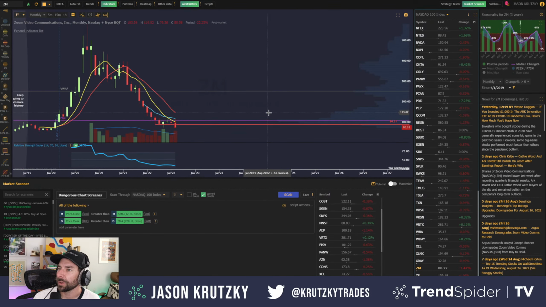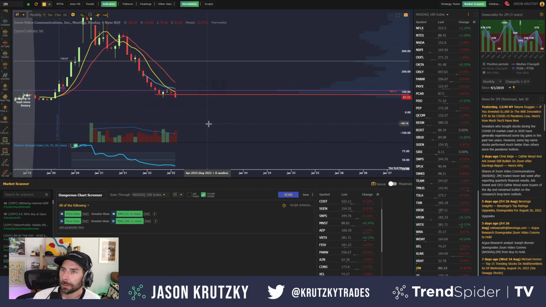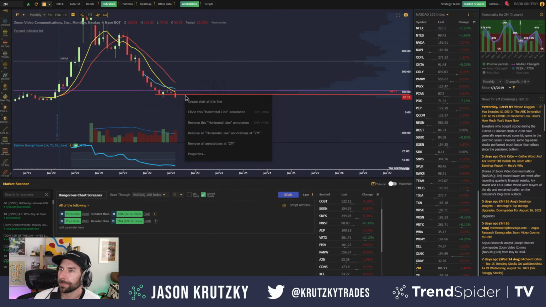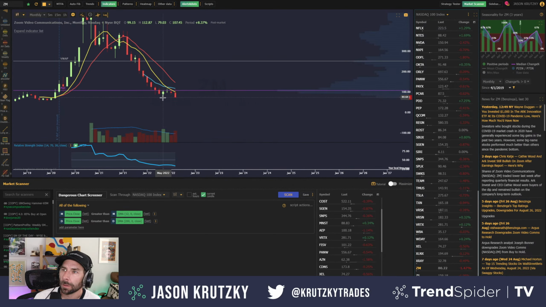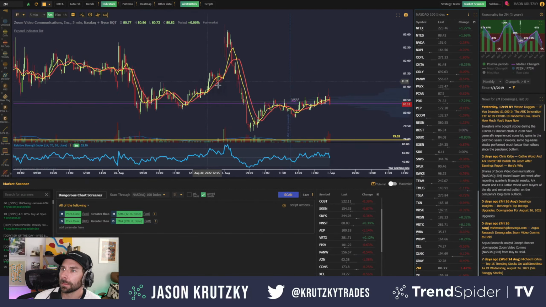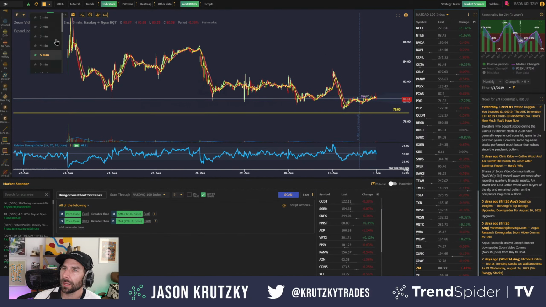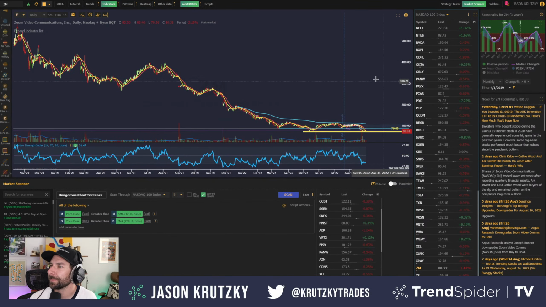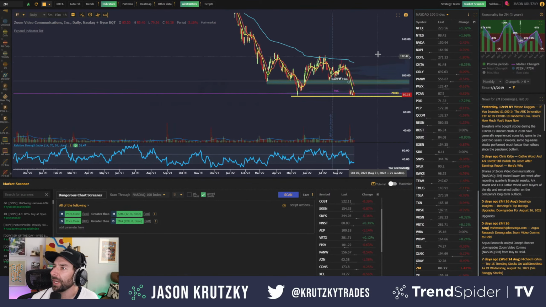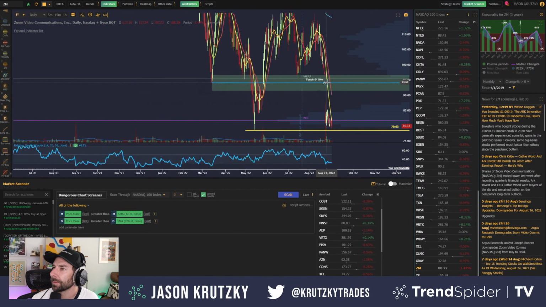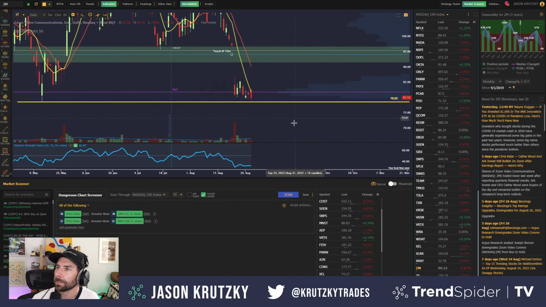Take a look at Zoom real quick. Zoom failing. A pretty important low that it's losing. Let's see if it actually lost it. Did not lose it. Pretty important low there on Zoom. Barely holding on.